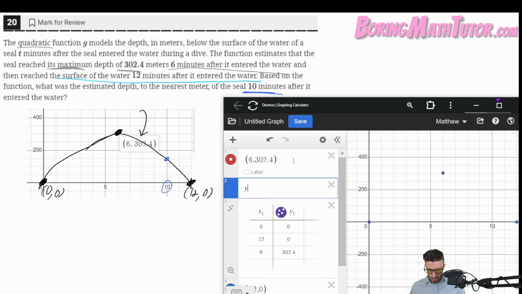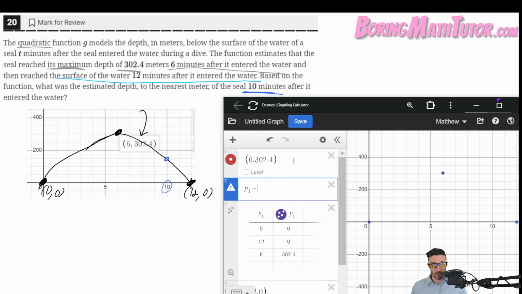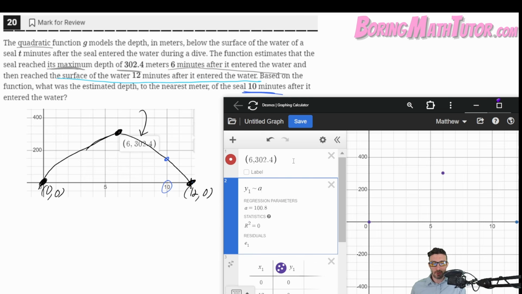Okay, now we're going to make one more line in Desmos, and we're going to put y1 and then the squiggly symbol next to 1 on your keyboard. Do that instead of an equal sign. But then describe what a quadratic looks like.